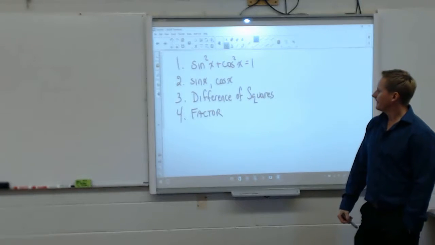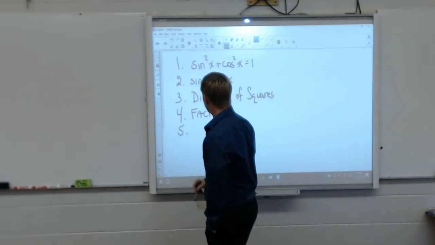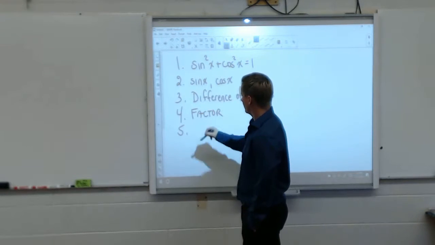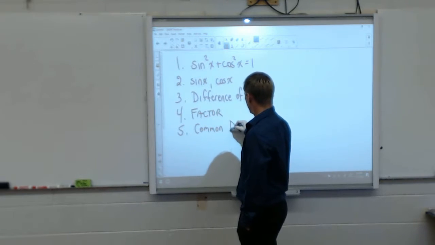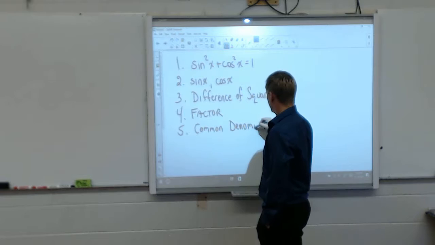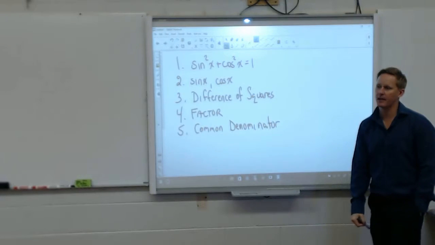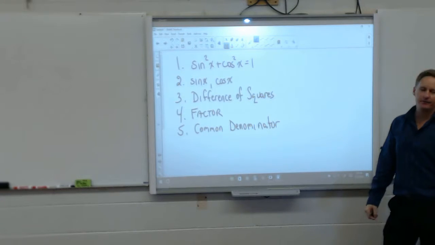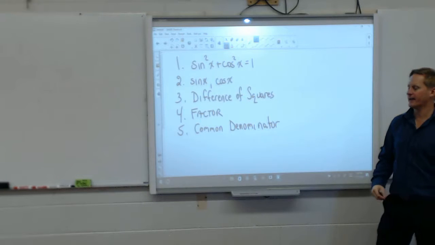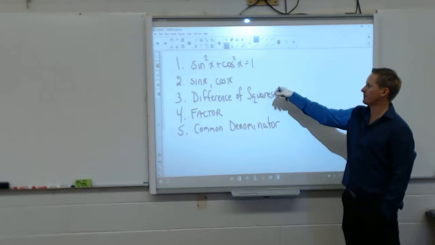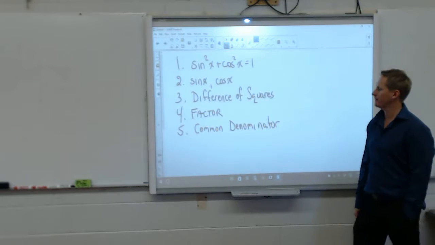Five, common denominator. There are about two more that I'm going to look at as we go through example questions. But there are the five indicators that you want to look for. Can I do something off this list? That's what's going to help you simplify.